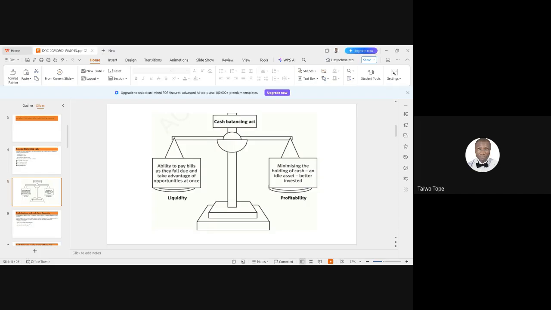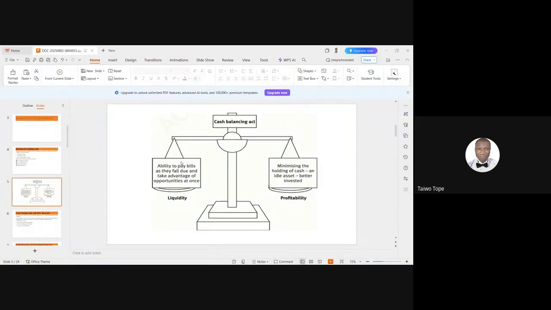So every business must have a policy, a cash policy, to enable them to maintain a certain level of cash within a particular limit, for them not to keep excess cash, and for them not to keep less cash in their business.